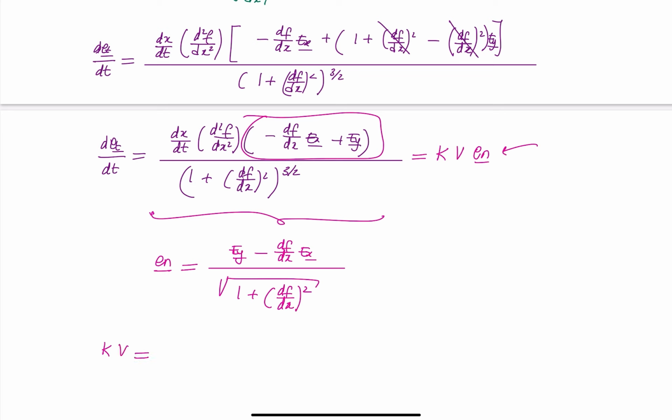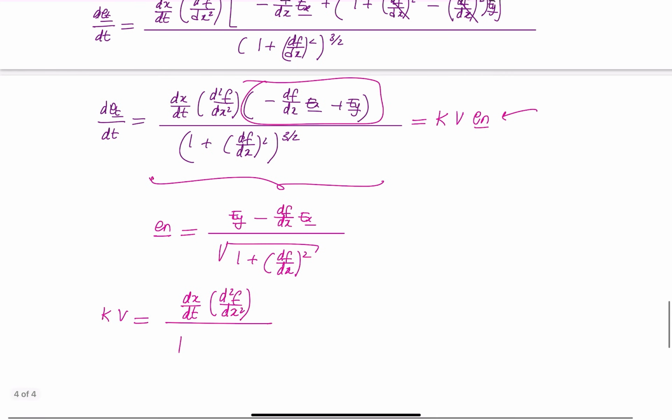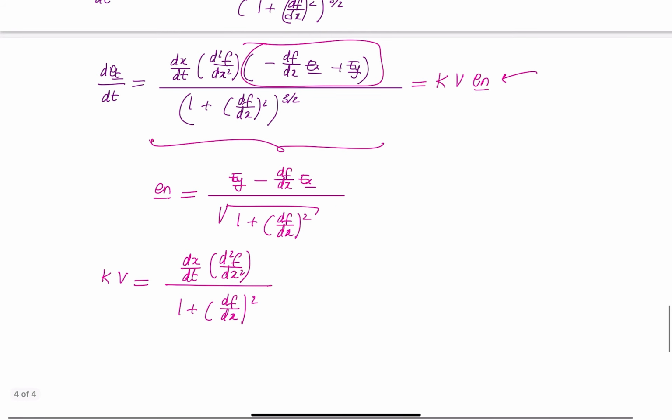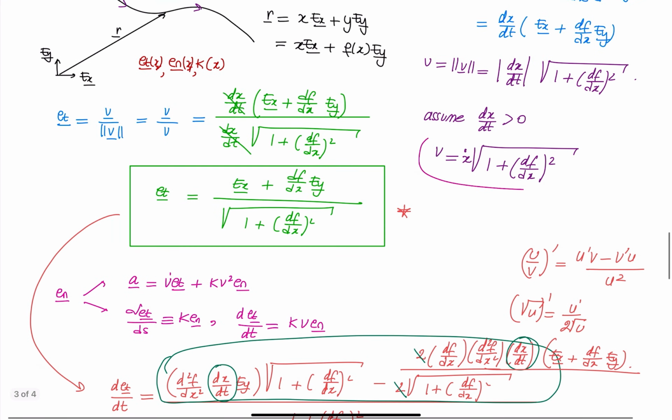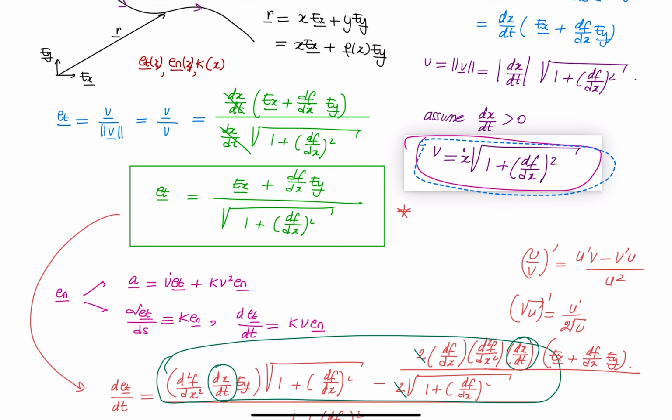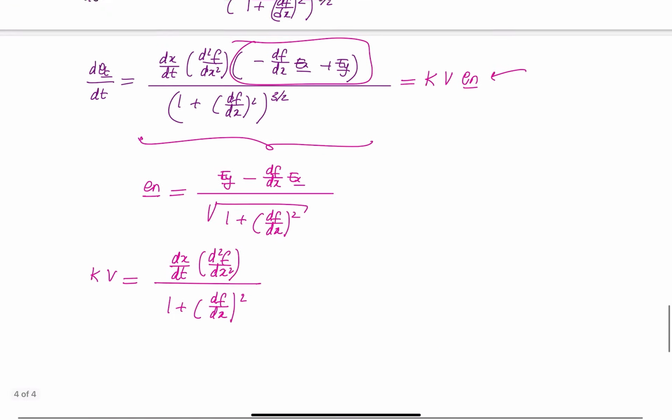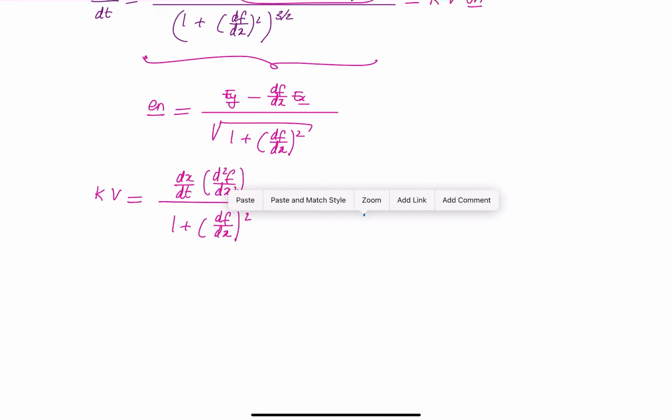Kappa v should be equal to dx by dt, d squared f by dx squared over 1 plus df by dx squared. That's kappa times v. And I already calculated v, the speed, over here. So maybe I'll just copy that. Copy. Paste.